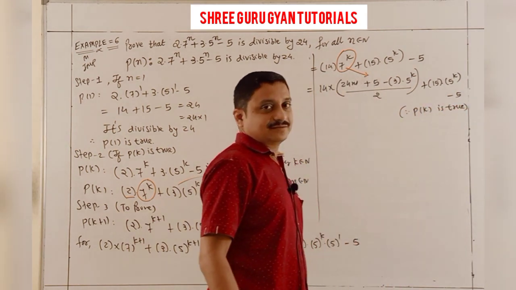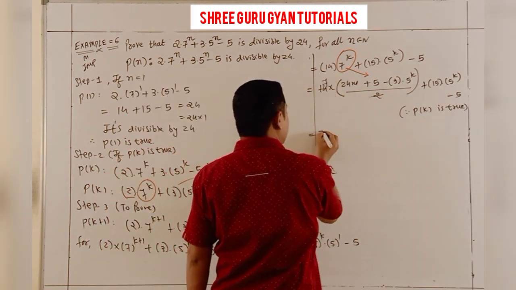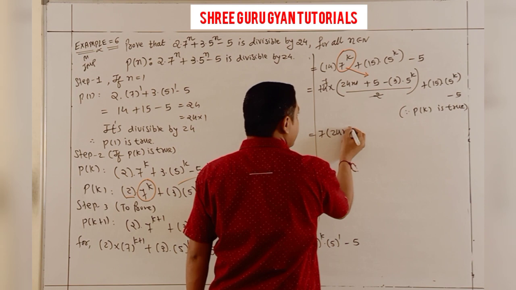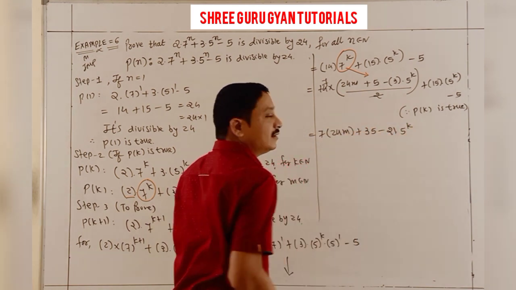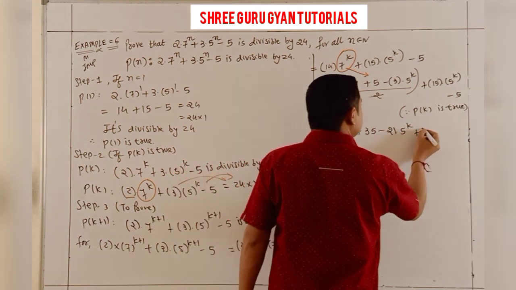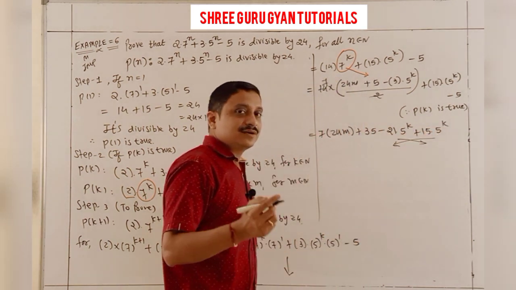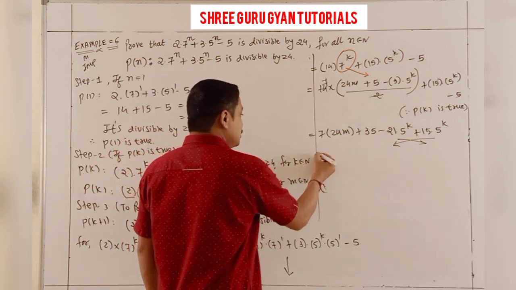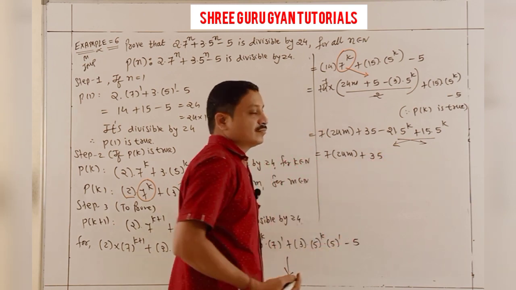That side is complete now, easily. 2 sevens are, yes, 7 into 24m. 7 fives are 35. 7 threes are 21. And last, 15 into 5 raised to k. Students, here we are checking the common terms. So 7 with 24m, 35 same.